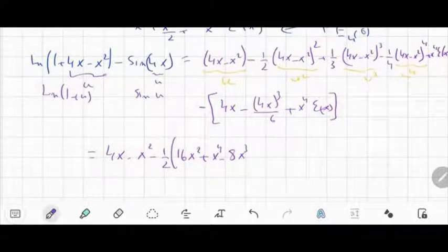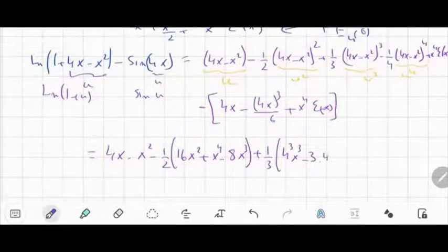So I need all the terms in this term in here, then plus 1 over 3 times 4 to the power 3 x to the power 3 minus 3a²b, so 3 times a², so it's 4 to the power 2 times x², or x² times x², it will be x⁴, and then the ab² will be x times x to the power 4, which is x⁵, we don't need it, and then the b to the power 3, it will be x⁶, we don't need it neither.